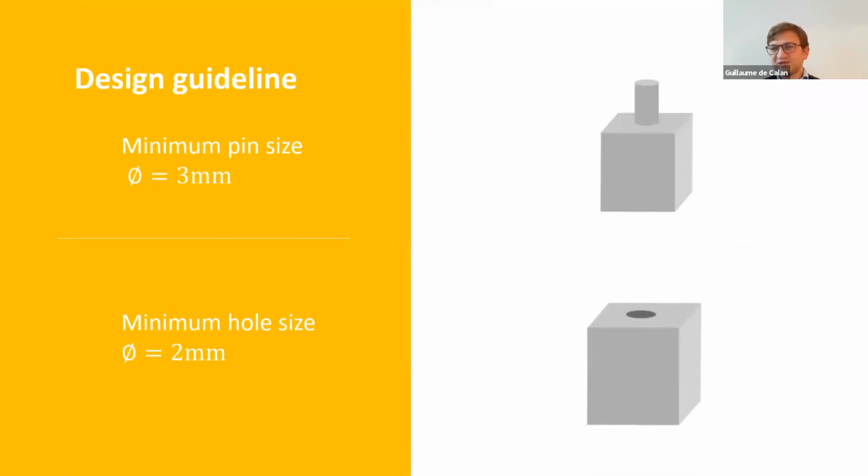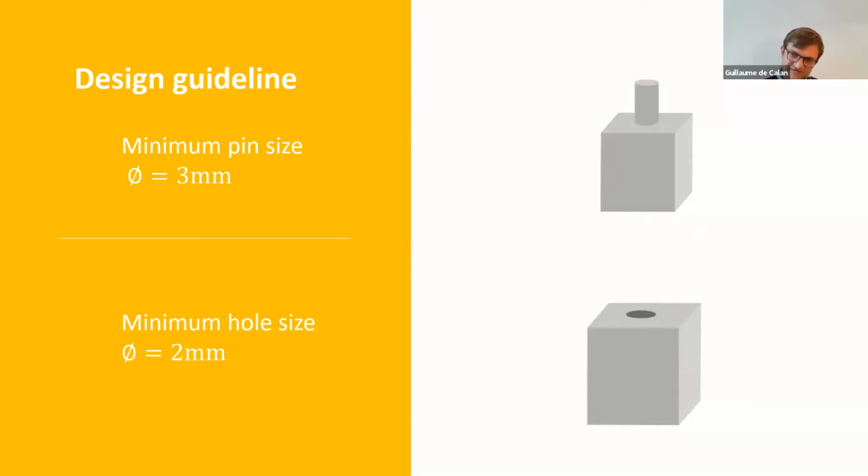But the features that we can add, what is the minimum feature size that we could do? So we can do very small, very intricate designs, very intricate features, but still, if you really want the details to come out fine, you need to be careful. If you want to make holes, typically, if you want your holes to be very clean, to be completely circular, well, you should stay above 2 millimeters.